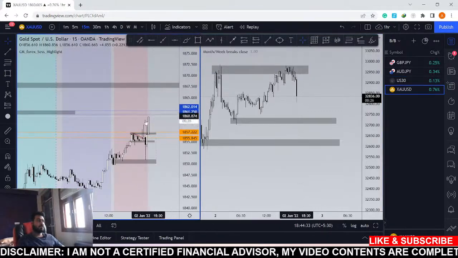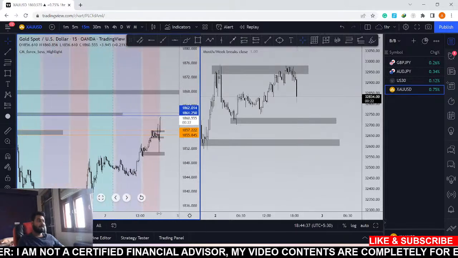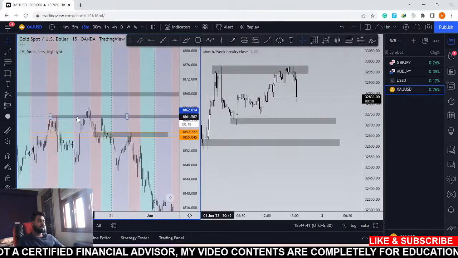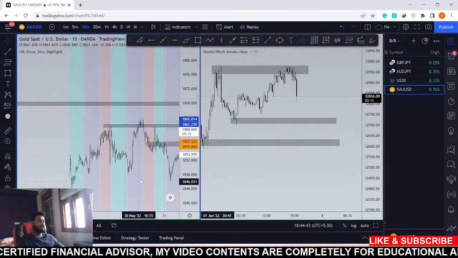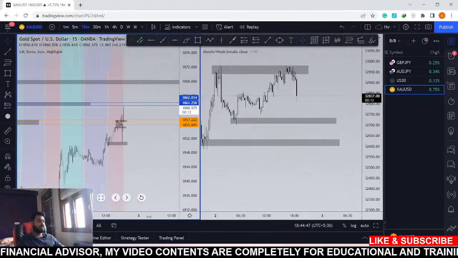Gold is also looking quite nice. Again, I will take it, because there is a zone at this area. You can see this zone. There is a high chance that it can retrace back from this zone.